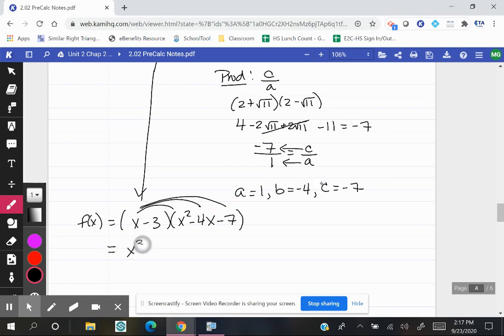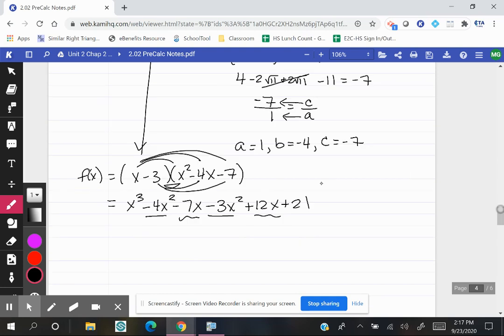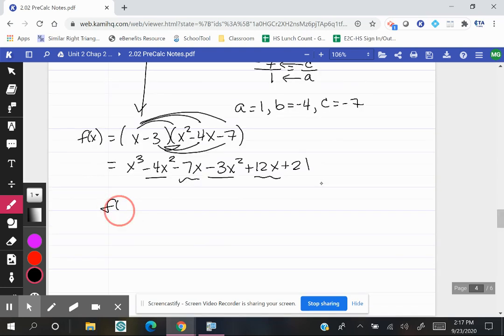So I get x to the third minus 4x squared minus 7x. Then distribute the negative 3, negative 3x squared plus 12x plus 21. Combine my like terms. And we've got x to the third the same, so I get f of x equals x to the third minus 7x squared plus 5x.